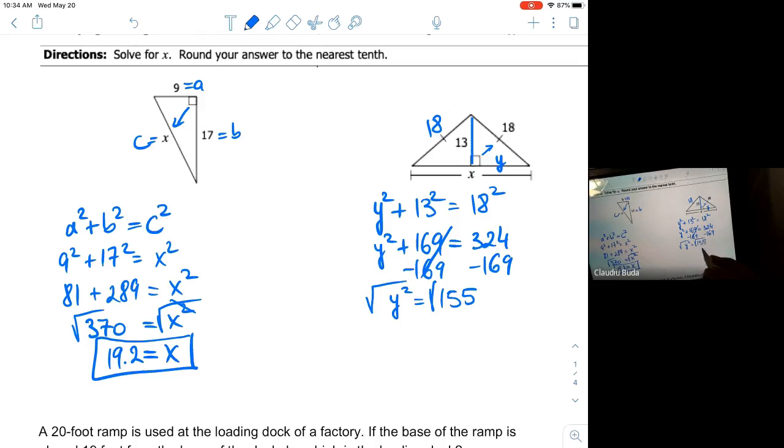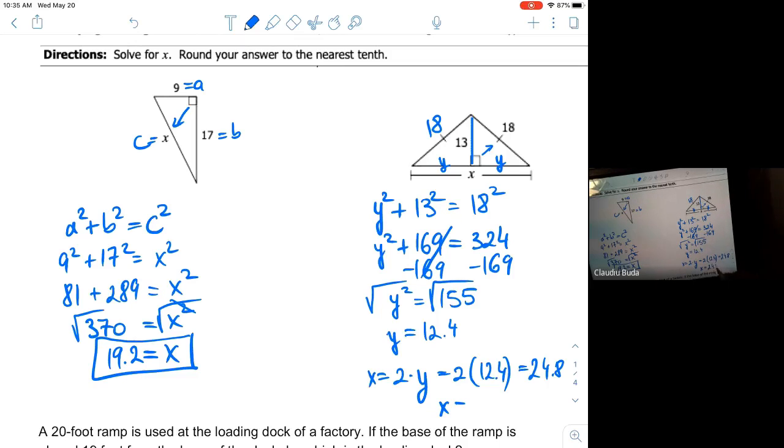Again, we take the square root of both sides, and that gives me y is equal to 12.4. Since this is also y, x is equal to twice my y, which is 2 times 12.4, and that equals 24.8. So x is 24.8.